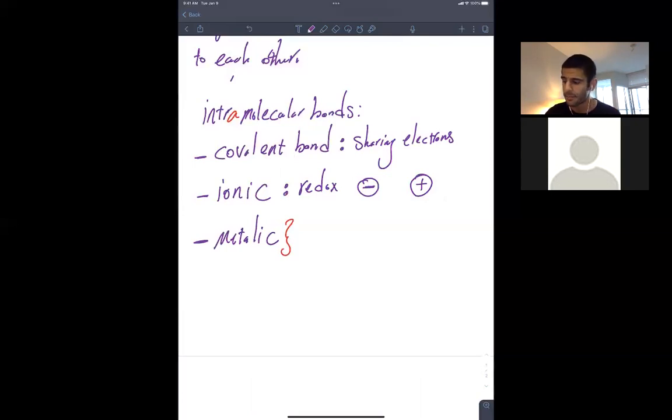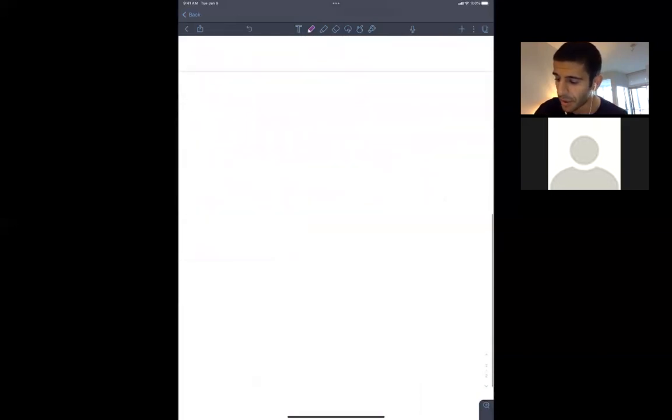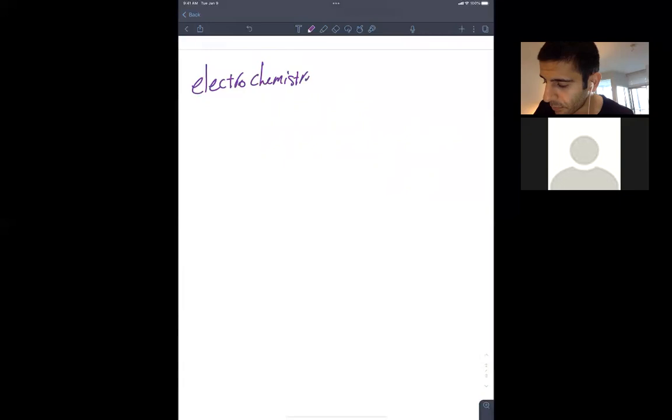And this is actually related to electrochemistry. So what is electrochemistry? Electrochemistry is actually a very simple thing.